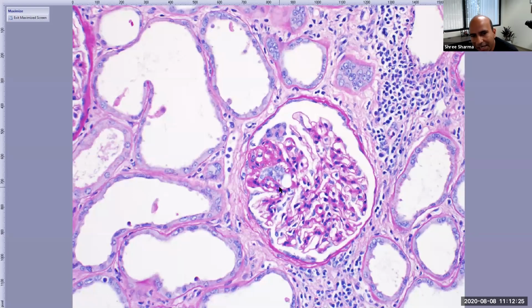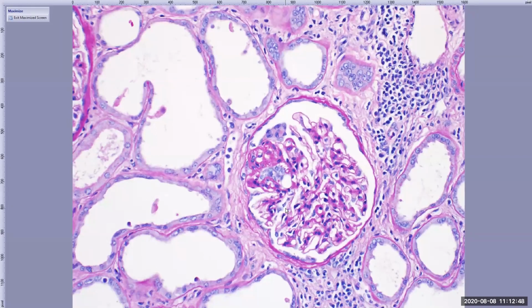This architecture is not because of expansion of the matrix. It is because of destruction of the tuft, and that part of the tuft is undergoing scarring. So the pathogenesis behind this morphology is different, and you can easily differentiate by looking at the other glomeruli in the background, as well as going deep into the morphology of this glomerulus. Thank you. I think that's a perfect explanation.